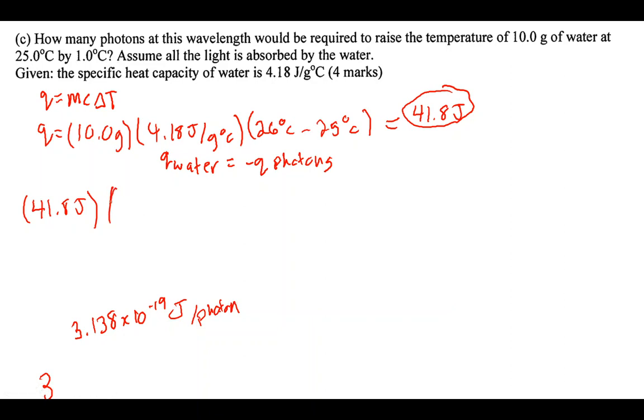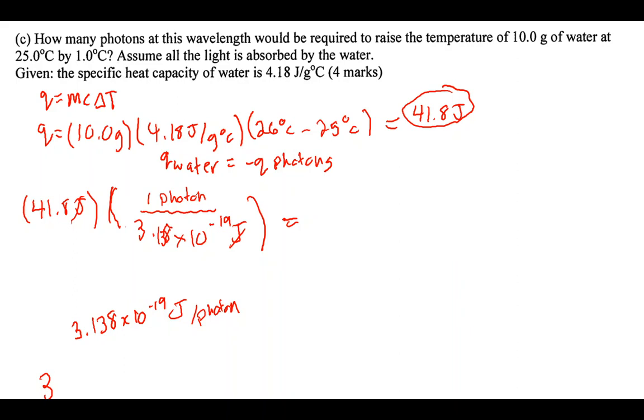So we know that we need 41.8 joules of energy, and for every one photon we have 3.138 times 10 to the negative 19th joules. So just looking here, joules will cancel and we'll be left with something in photons, which is what the question is wanting.